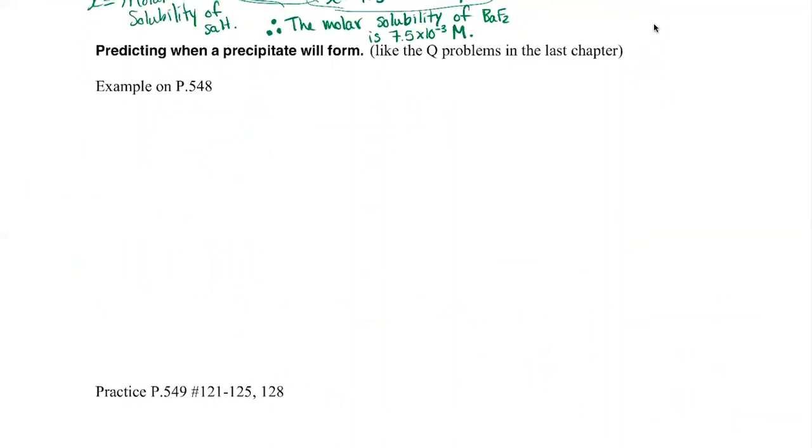The last type of question is predicting whether a precipitate is going to form, based on a certain amount of solid that's added to a certain volume of liquid, and knowing whether it is all going to dissolve or whether it is going to form a precipitate.